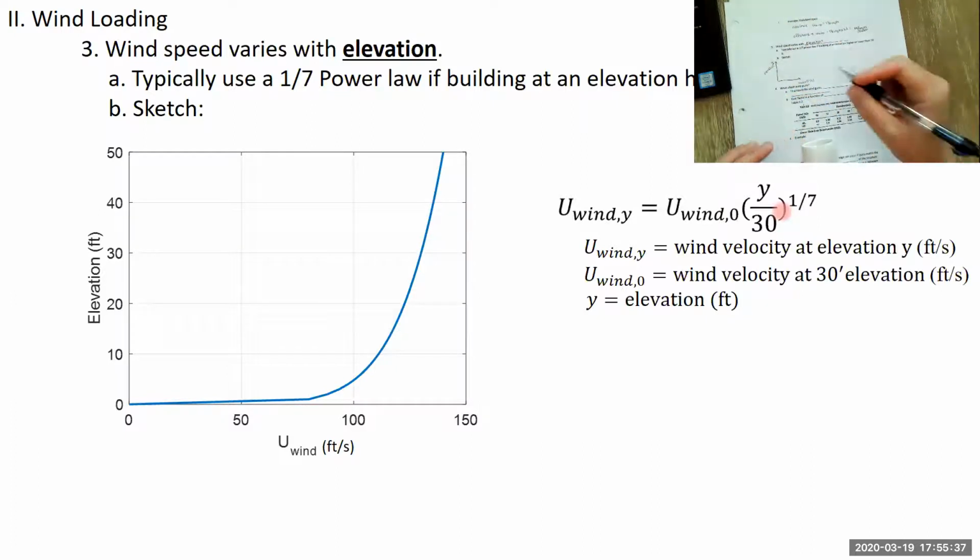My wind is going to follow this 1/7th curve, with U wind at any elevation y equal to my wind velocity at elevation 30 feet, U wind naught, times whatever elevation I'm interested in divided by 30, to the 1/7 power.